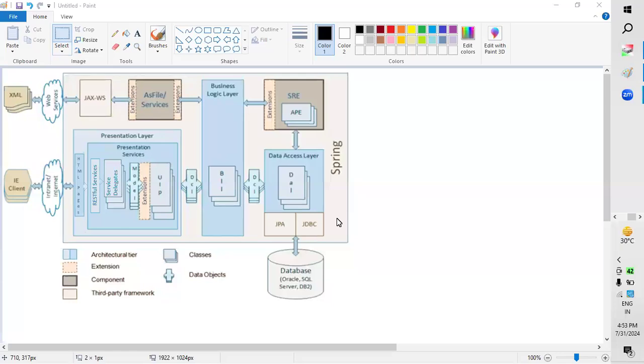So being a solution architect, when we try to develop any kind of systems to be implemented, especially J2EE based server-side applications, the major and important element to understand is the presentation, business logic, as well as data access, all that.